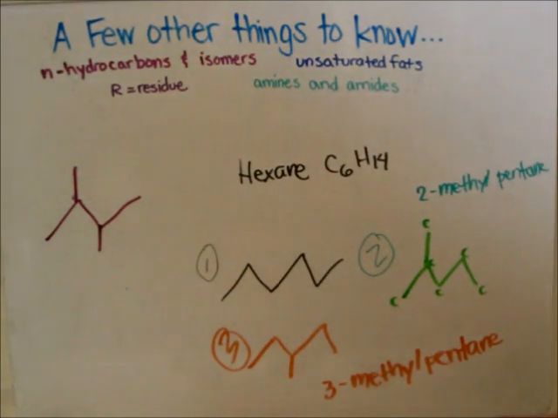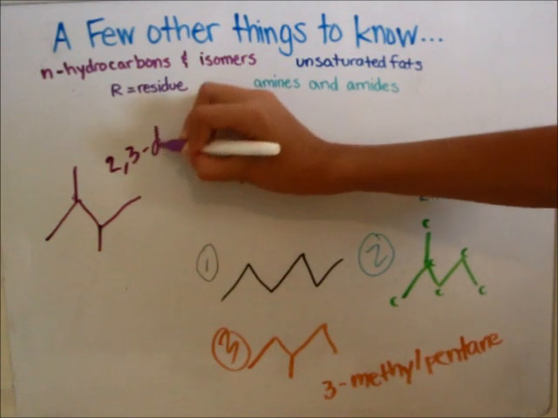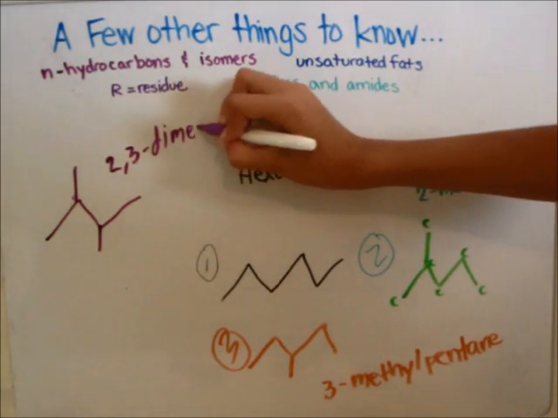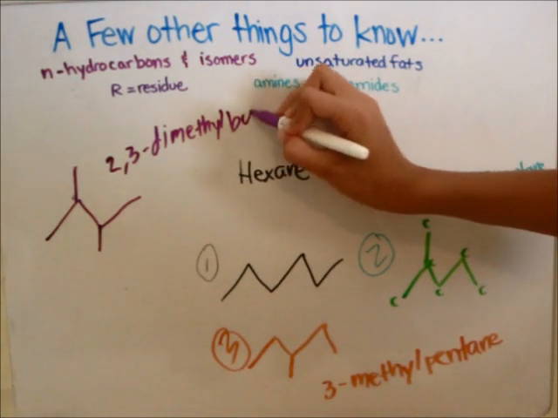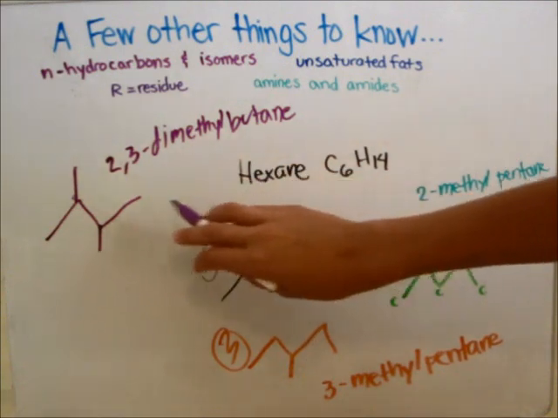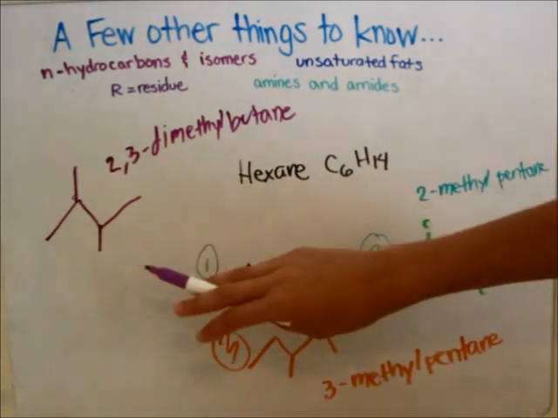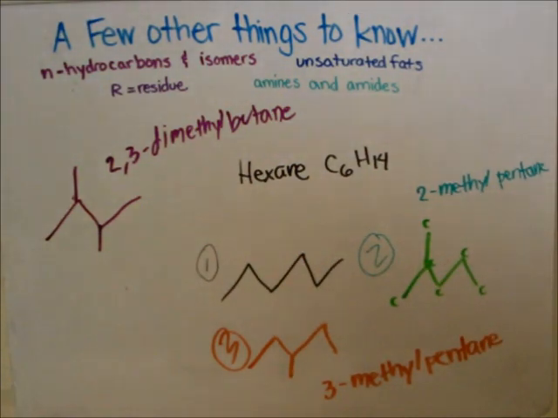And this would be called 2,3-dimethylbutane. Sorry about my handwriting. So it's 2,3-dimethylbutane. If you added up all the C's and H's, you would still have C6H14, but it's called something different. And can we think of anything else? Well, there's one more thing.